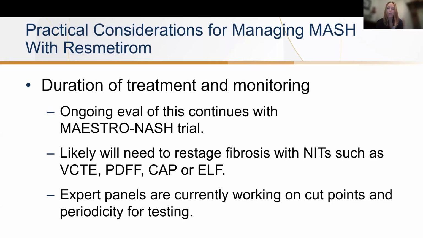If patients are better, we continue the drug. If there was no change in their non-invasive tests, we consider continuing with additional maybe lifestyle dietary modifications. If the fibrosis was worsening, of course, we would stop the treatment.